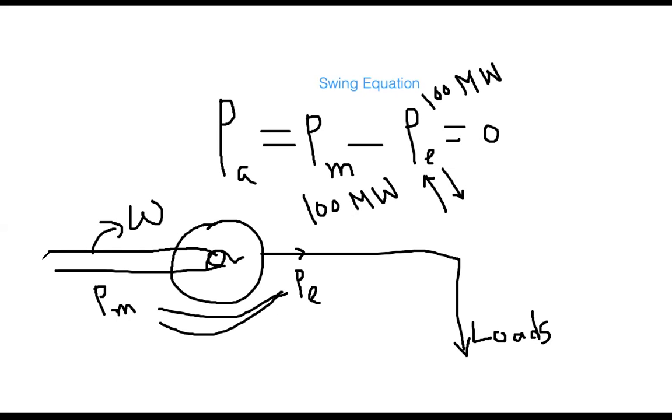But I'm assuming that mechanical power is constant. Of course, in rare cases there can be a disturbance, any issues, but I am assuming that mechanical power is constant. There is no disturbance on the mechanical side. But because customers are connected on the electrical side, continuously you are changing. So what is happening? If you continuously change P_e, will you get the zero value here?